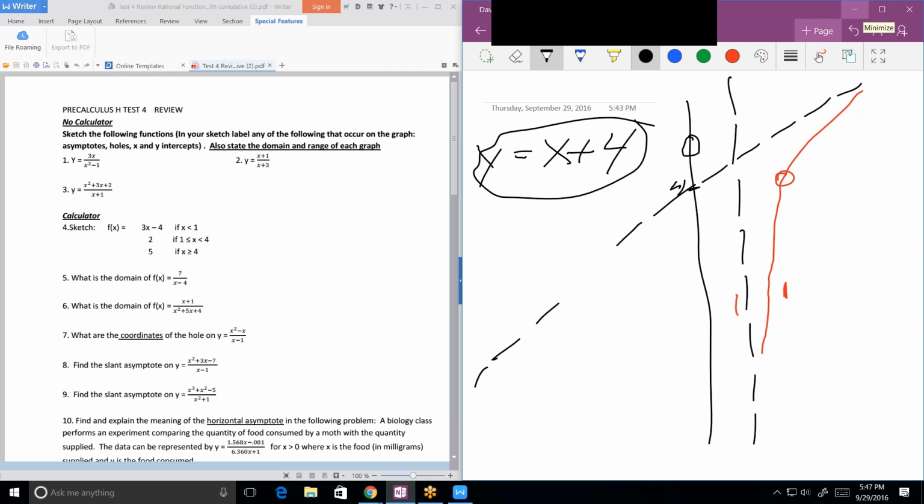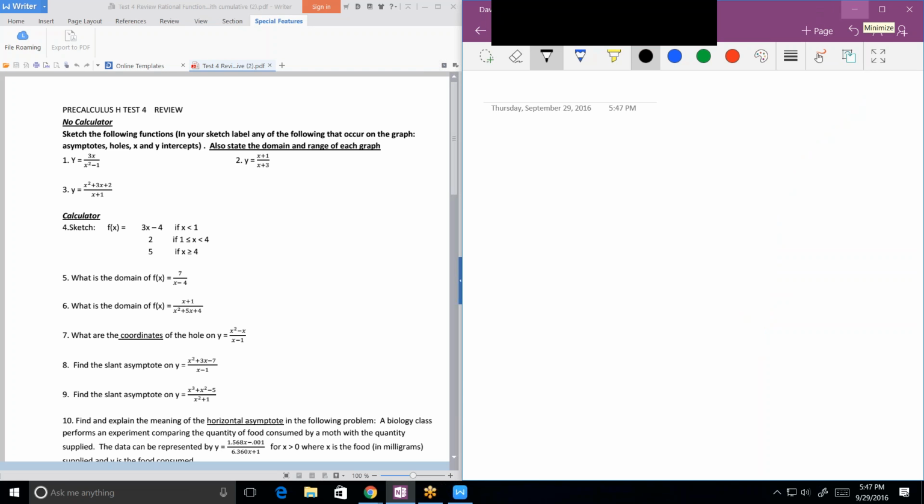Let's see, we've got time for another one of these slant asymptotes. The very first moment you find the slant asymptote, you know it's a long division problem, right? This one's a little different because it is missing an x term.